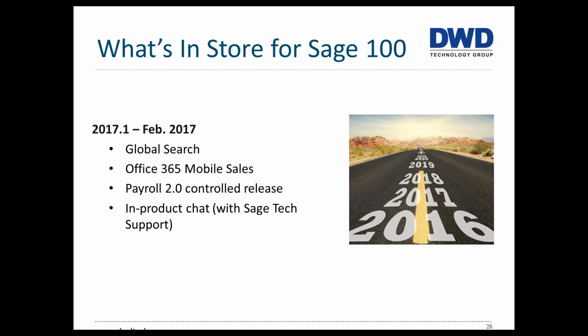So if I type in an invoice number, 12345, then the global search will go look through all places where invoice number 12345 might be. I might find it in accounts payable. I might find it in accounts receivable. So we can look a lot more easily for things with not necessarily as much information.